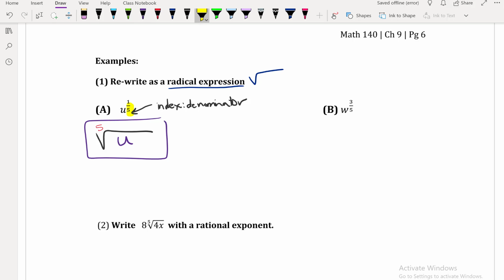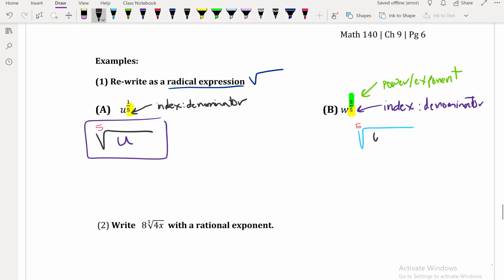Now for part B, it's the same thing. We're going to look at this index. So remember, the index always comes from the denominator. So I'm going to have my radical, and here it's going to be a 5, which must mean that that 3 is going to be my power, or your exponent.